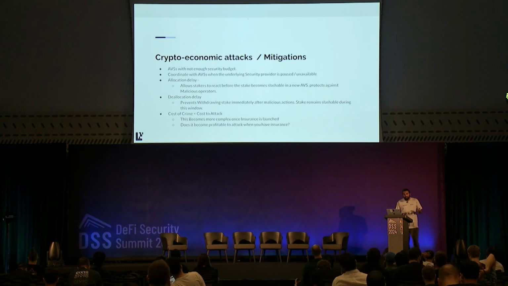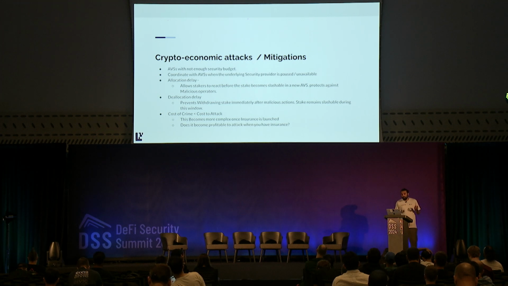So we have crypto economic attacks, AVSs with not enough security budget. Imagine your security provider pausing for an upgrade. What happens to the security of an AVS, right? So these are interesting things to talk about.